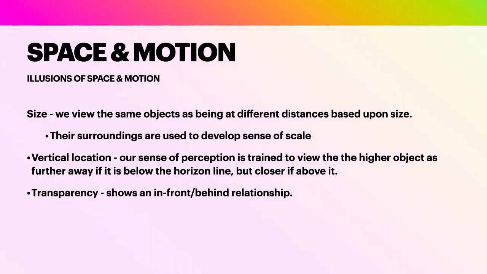So with vertical location, our sense of perception is trained to view the higher object as further away if it is below the horizontal line, but closer if it is above it. With transparency, again, this shows an in front and behind relationship. So all 3 of these imply 3-dimensionality.